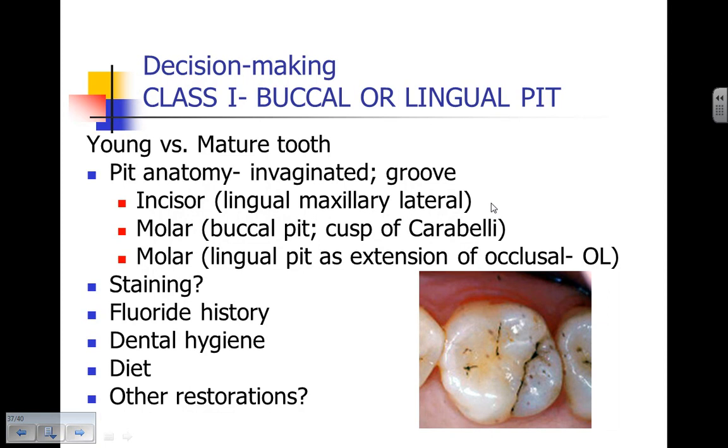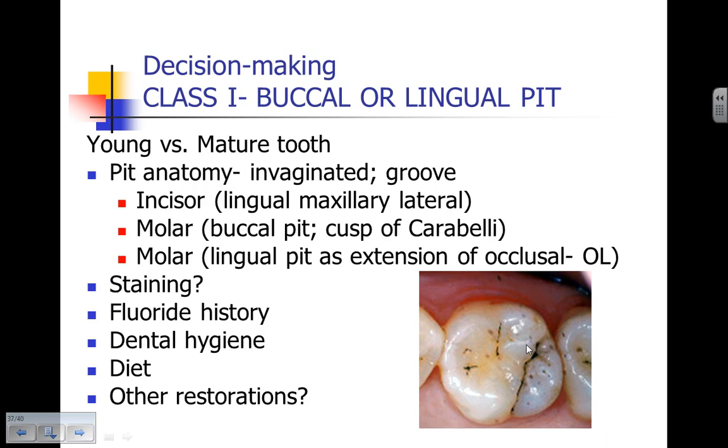The lingual of maxillary lateral incisors is a very common area to see lingual pits in the anterior. For mandibular molars, buccal pits. For maxillary molars, the cusp of Carabelli. For maxillary molars, the lingual extension from an OL, as we see in this clinical picture on the right.